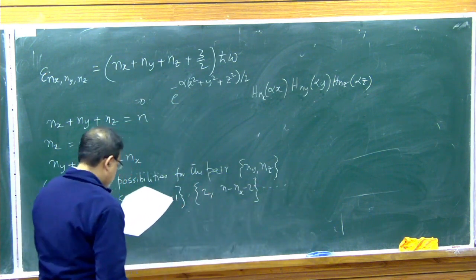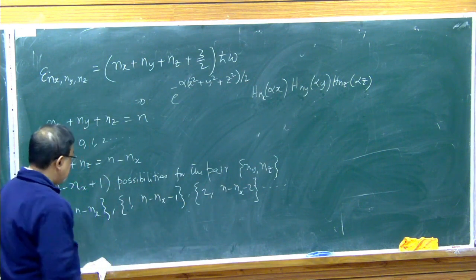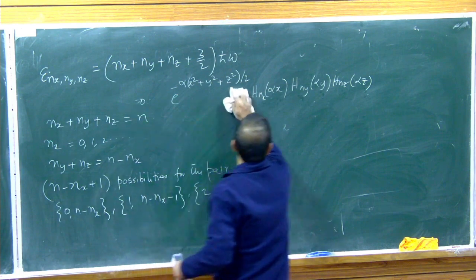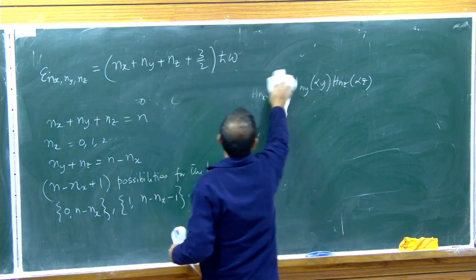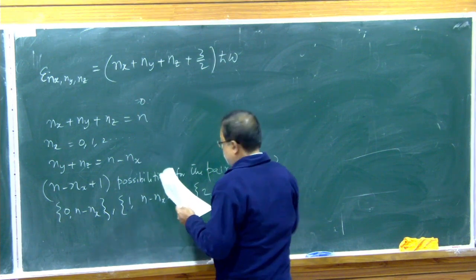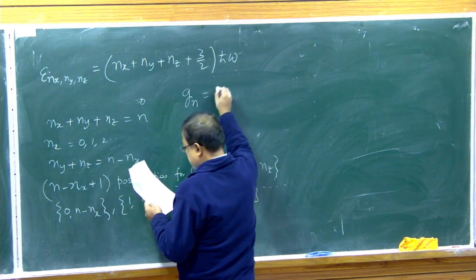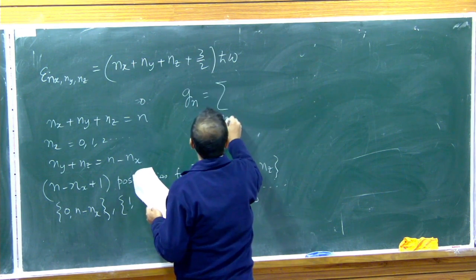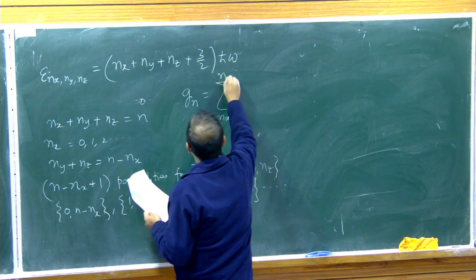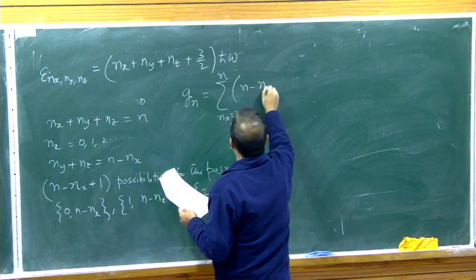So the degeneracy can now be obtained as follows. Let's write the degeneracy as Gn, and this is the sum over nx from 0 to n of n minus nx plus 1.